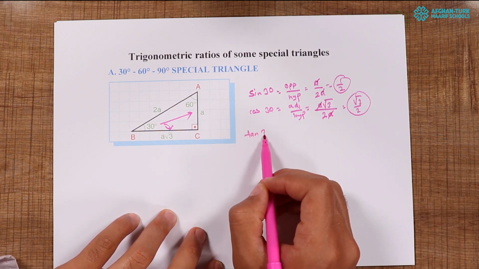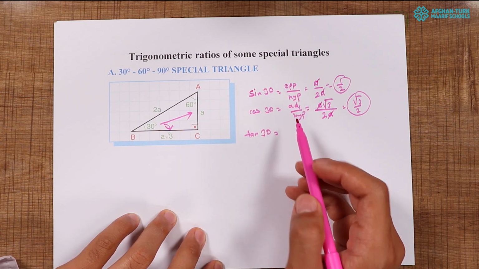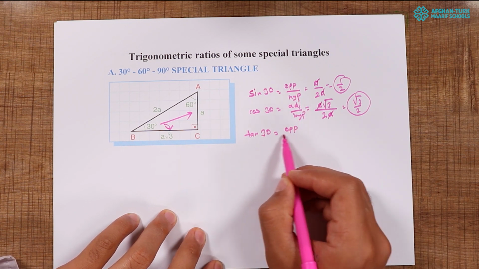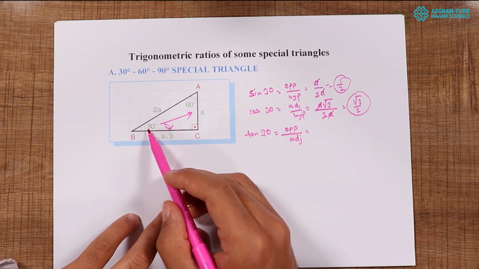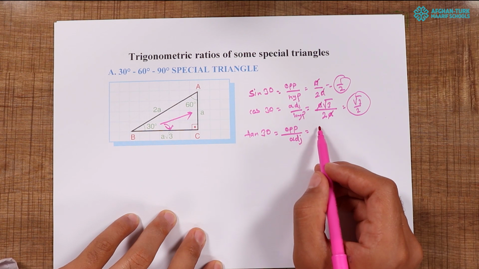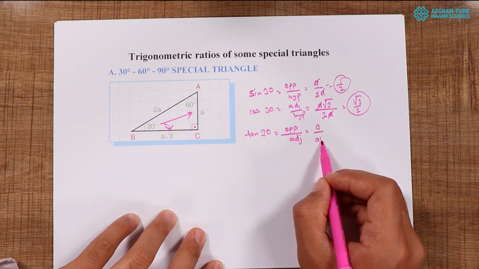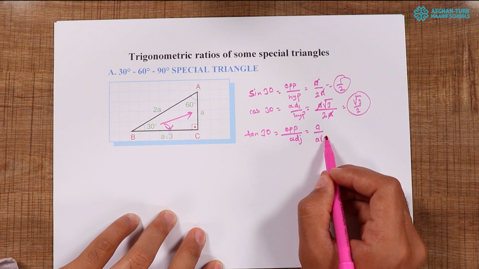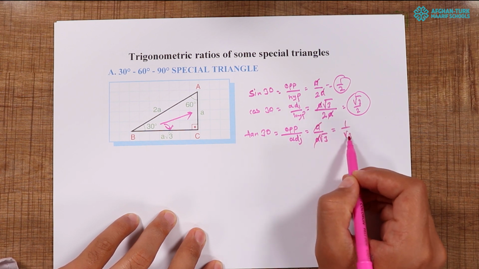What is tangent of 30 degrees? Tangent of 30 degrees is opposite over adjacent. What's the opposite of 30? A. What's the adjacent? A square root of 3. So we can cancel them. 1 over square root of 3.